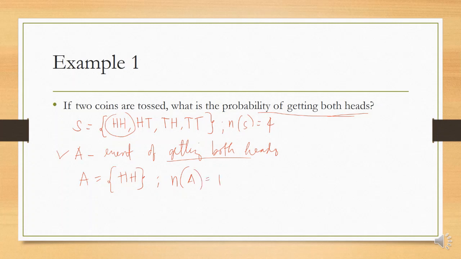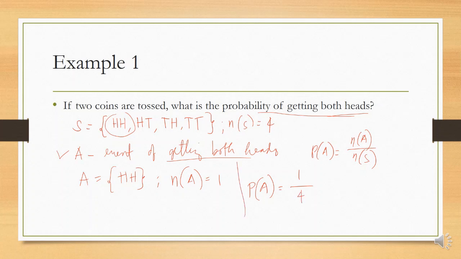Now, for classical probability, we said any event A divided by the total number of sample points in the sample space will give you the probability. So for the probability in our example, all you have to do is substitute the 1 and the 4.